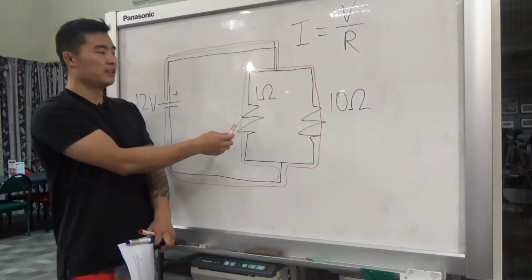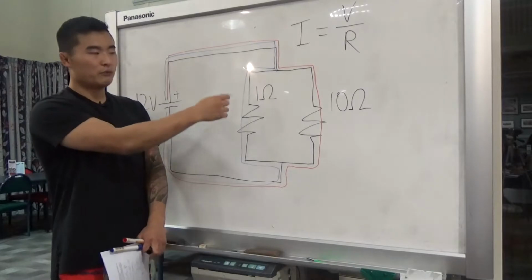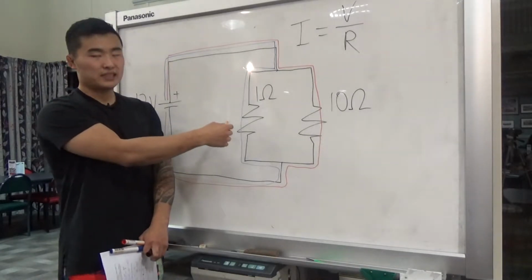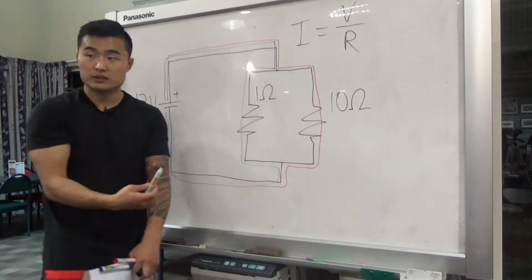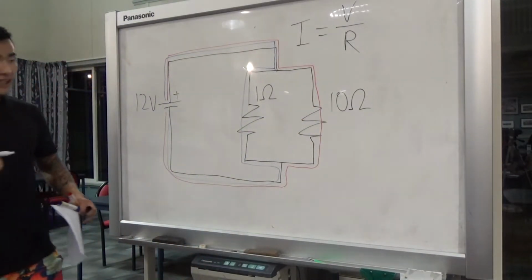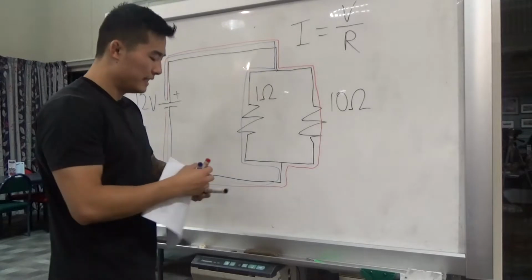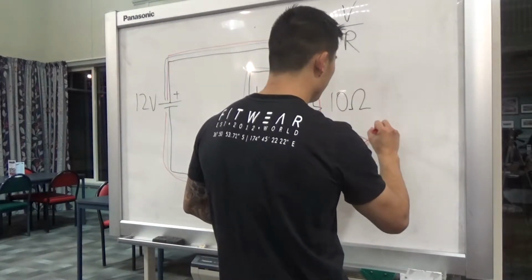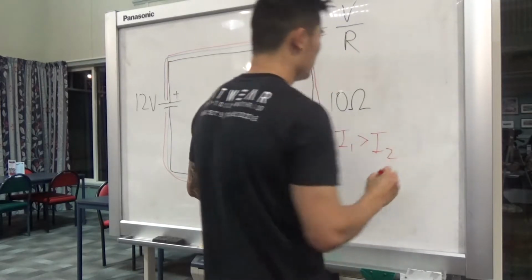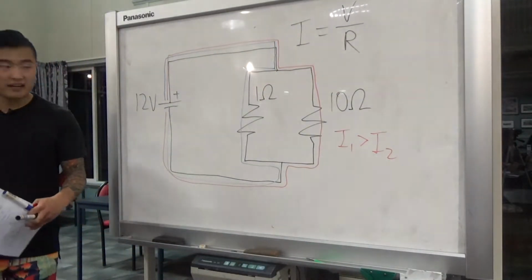Or in other words, the current through resistor 1 will be 10 times the current through resistor 2. Okay? So we know that I1 must be greater than I2. Okay, so we've sorted that part out.